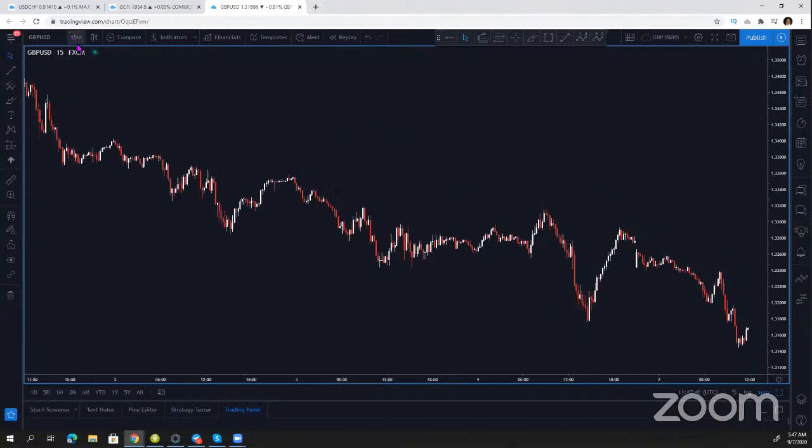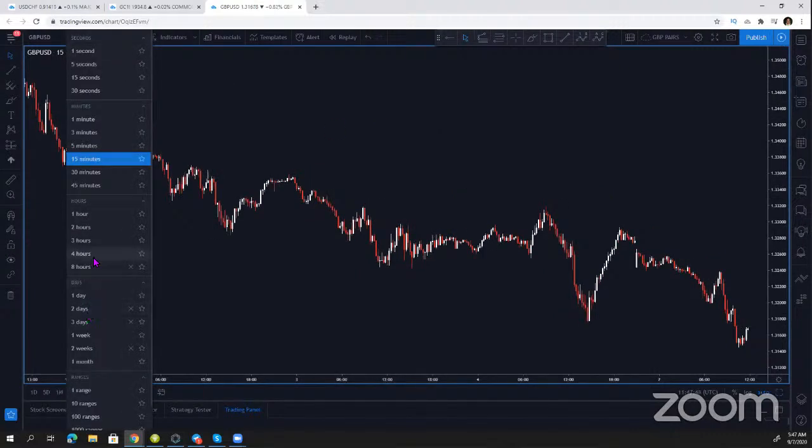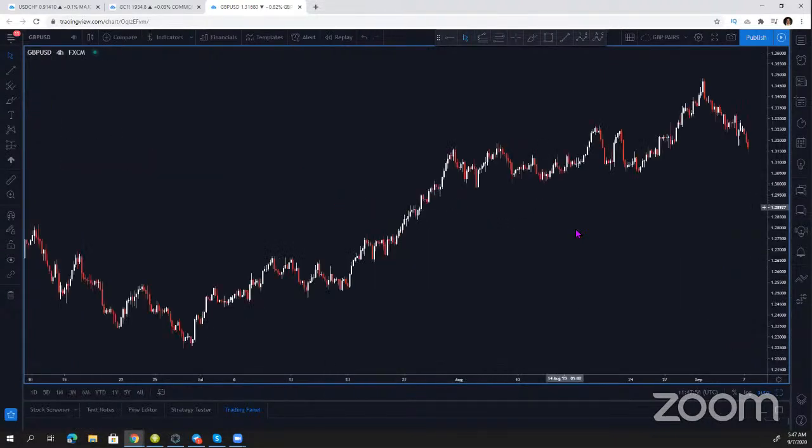So let's go to the higher time frames and see if we can get a visualization of where the pound is going against mostly the US dollar, right? We can see that the pound is in a very strong uptrend.